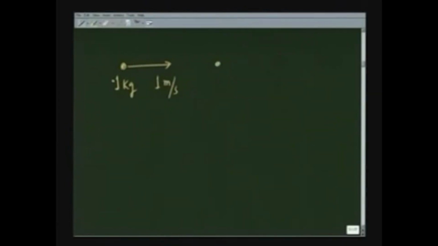It hits another particle of say 0.5 kilogram, and after the collision the two particles travel, one with speed v1, this is 0.1 kg, and the other particle with a speed v2, this is 0.5 kg. We wish to find v1 and v2.